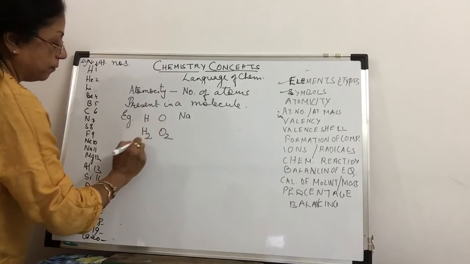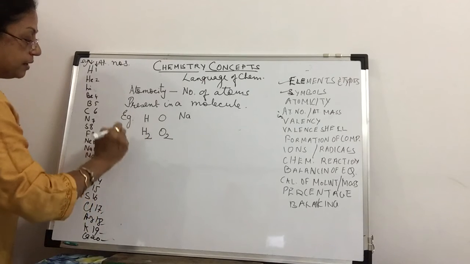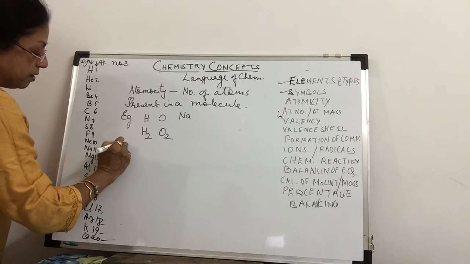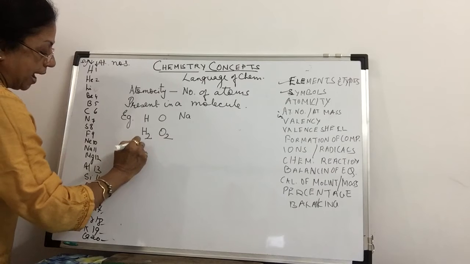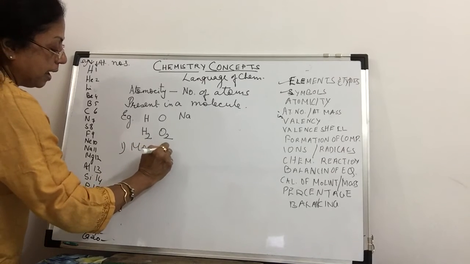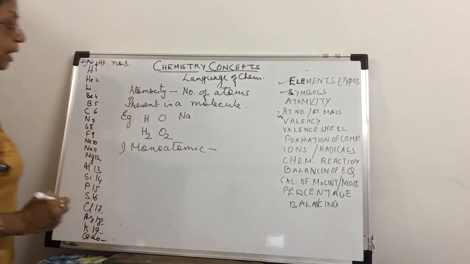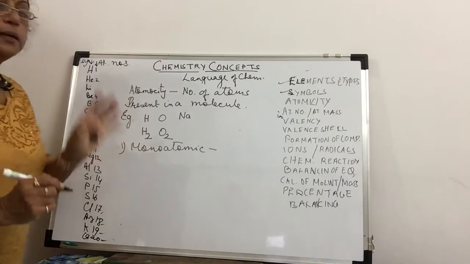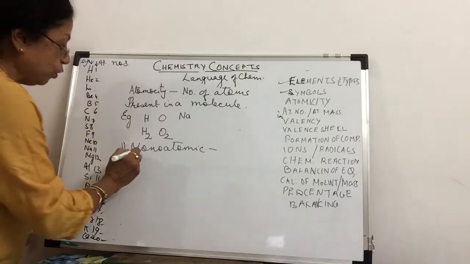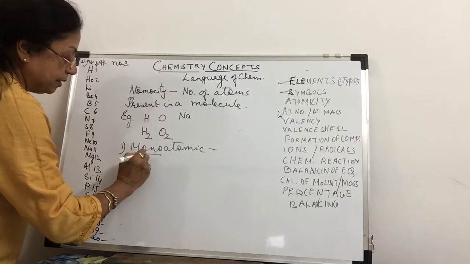diatomic. So before we go to diatomic, first thing that I would like to tell you, number one, is monoatomic. Monoatomic: mono means one.